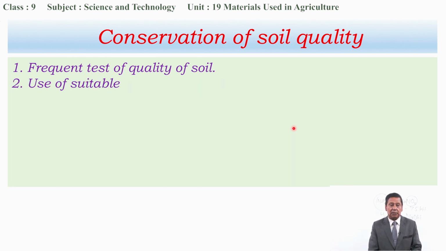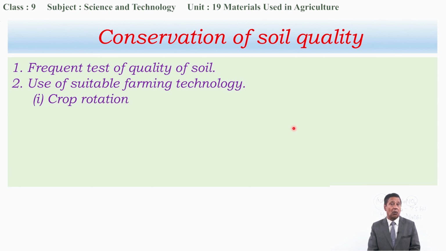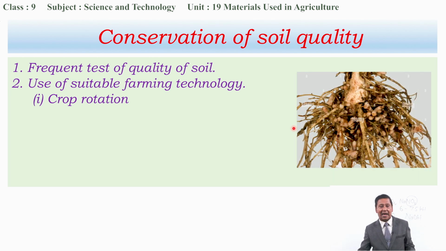Now next, use of suitable farming technology should be applied. What does it mean? Suitable farming technology. That can be described with these points. Crop rotation. If we are using leguminous plants like pea, bean, gram, etc. in the field, these leguminous plants have root nodules.